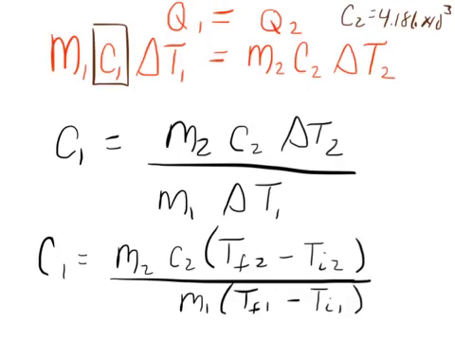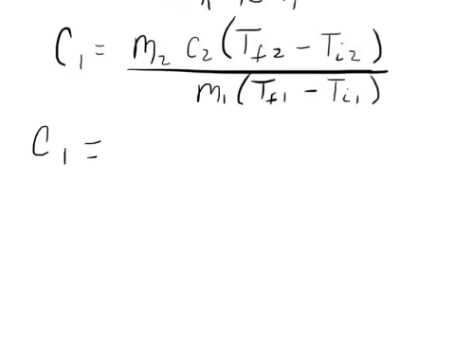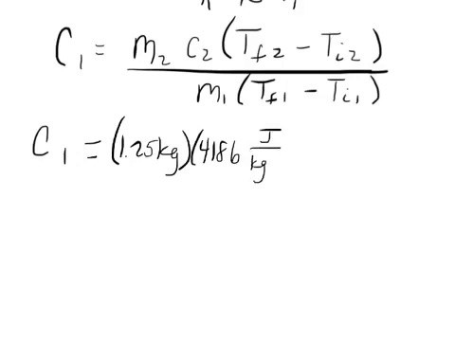So let's see what we get as a number here. Plugging in, we have the mass of the water is 1.25 kilograms. The specific heat capacity, I'm going to write it as 4186, which is 4.186 times 10 to the third. Remember the units are joules per kilogram degrees Celsius.